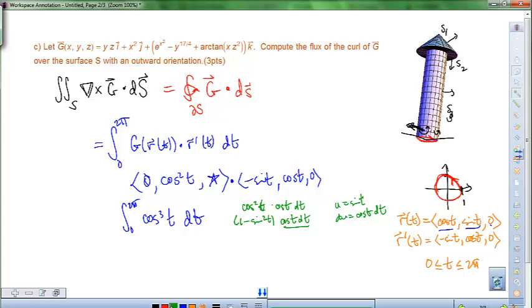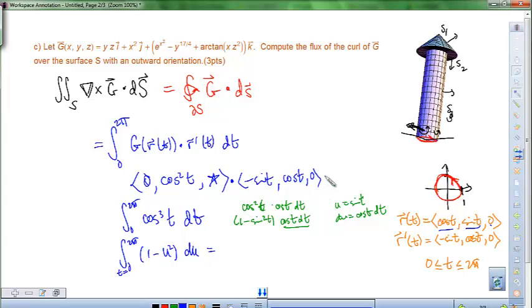So then my integral would become 0 to 2 pi. These are t limits, and I'm going to go 1 minus u squared du. I suppose we can change our limits also.